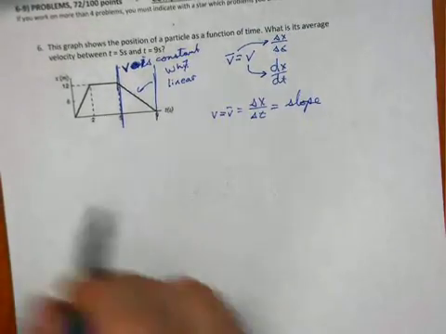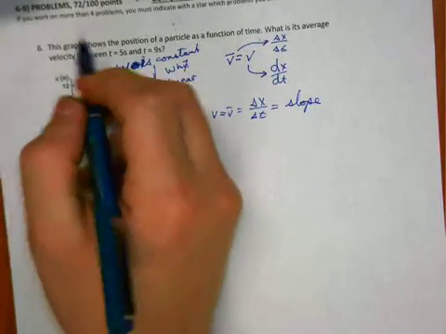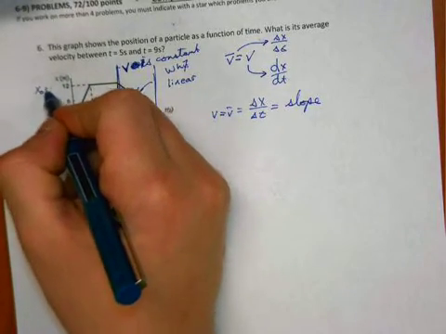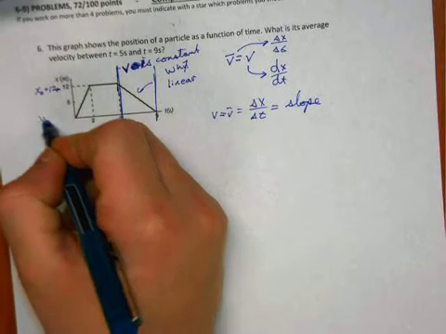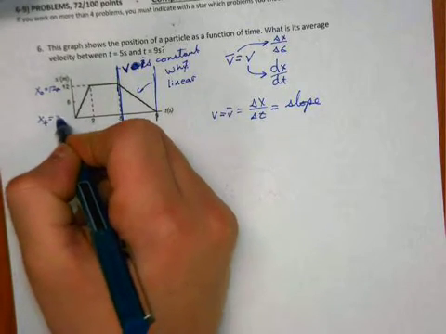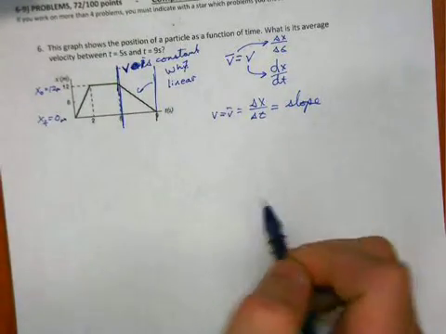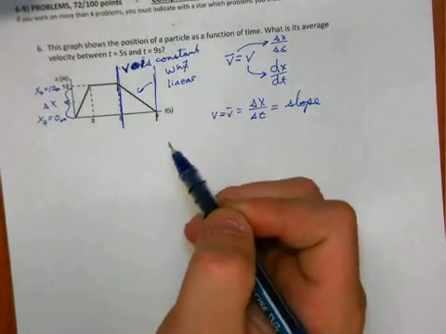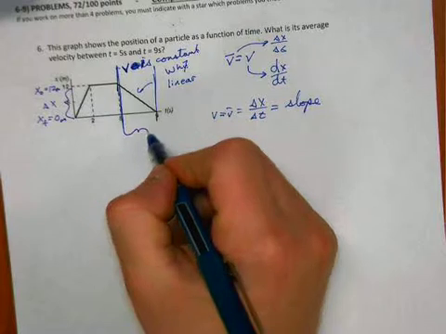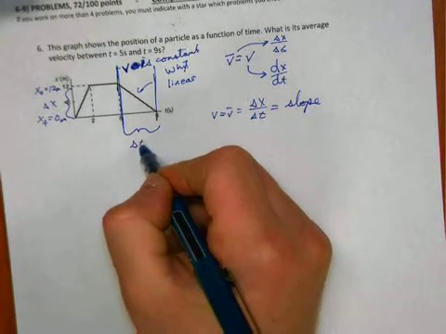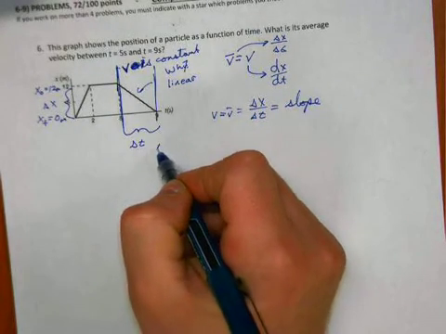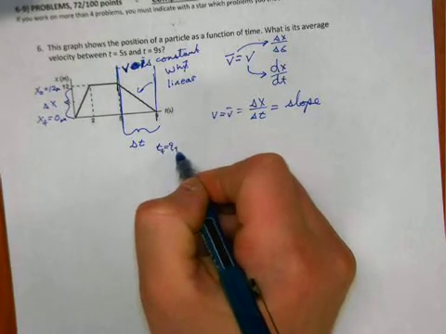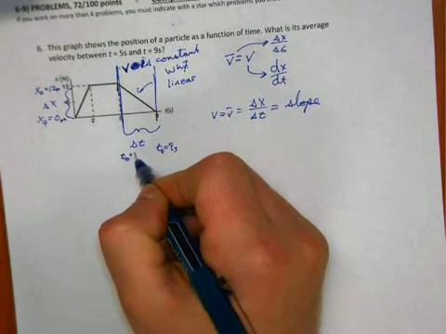All right, so the x initial equals 12 meters, and the x final equals 0 meters. That is delta x. Delta t is our t final equals 9 seconds, and our t initial equals 5 seconds.